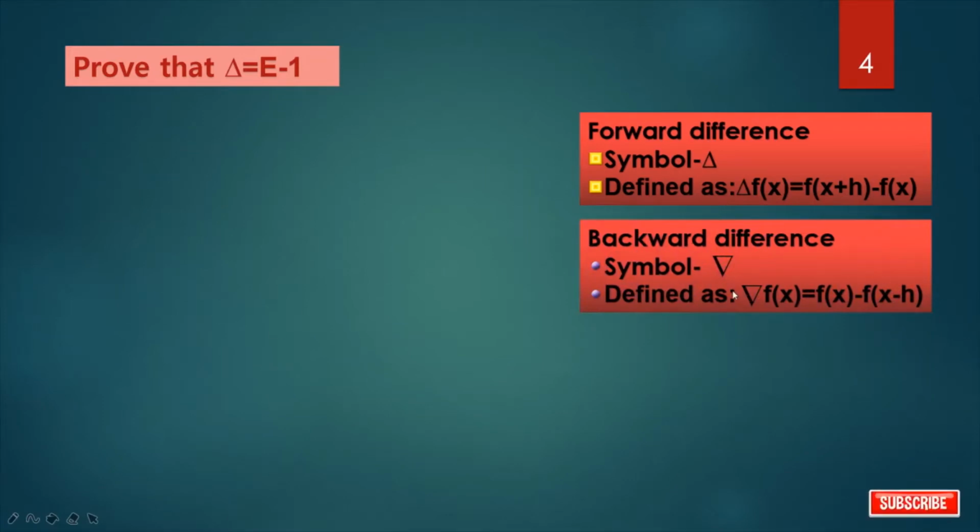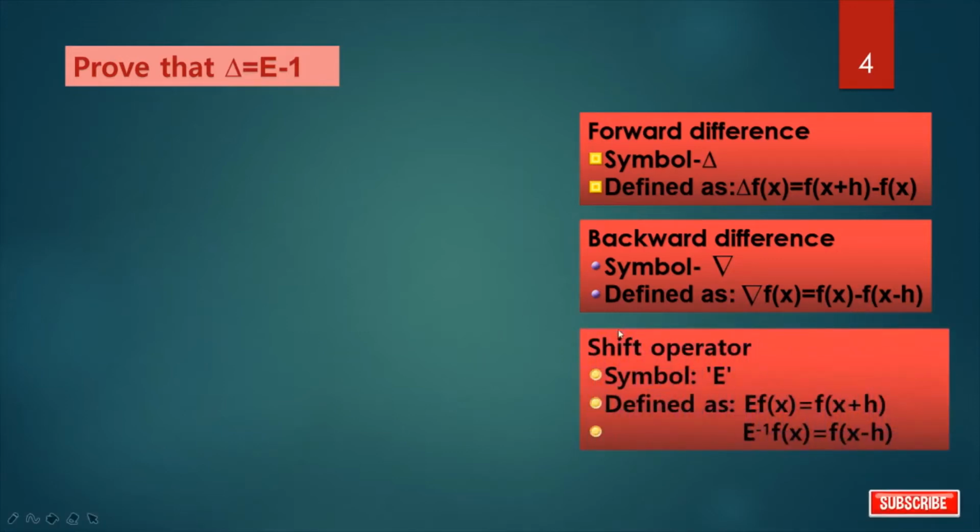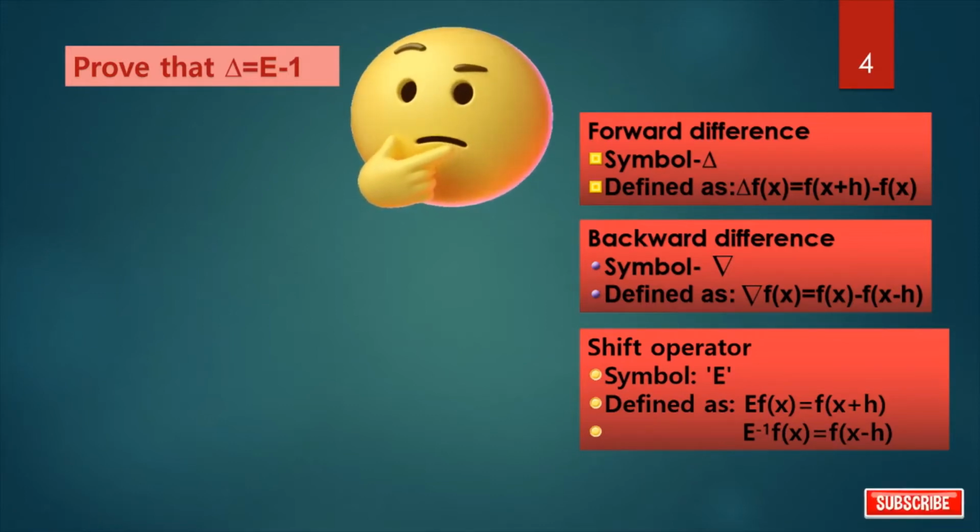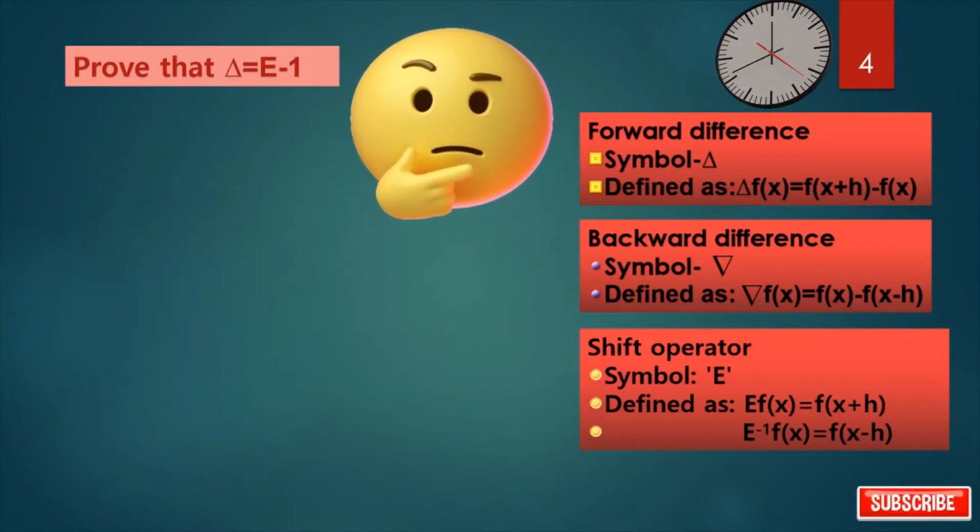Symbol is nabla defined as nabla fx equals fx minus h. Another hint is the shift operator. Symbol is E defined as Efx equals f x plus h. So, E to the power minus 1 fx equals f x minus h. Now, think. I am giving 5 seconds to think.